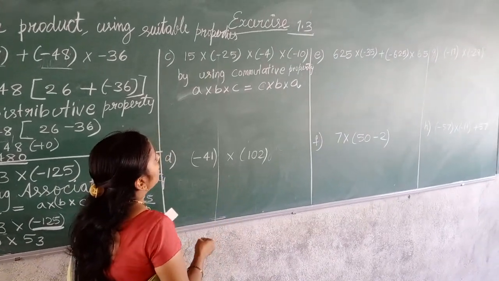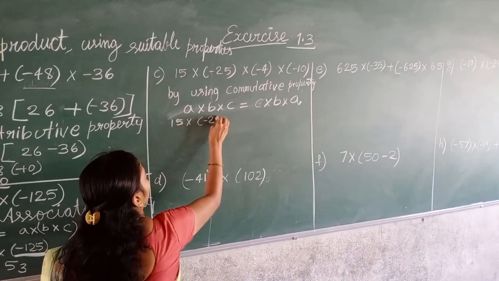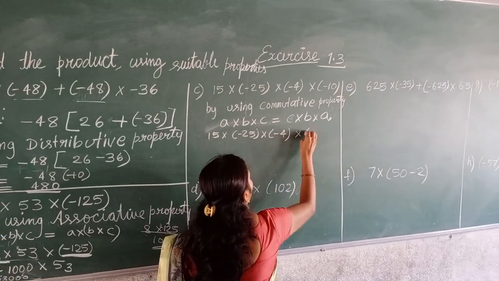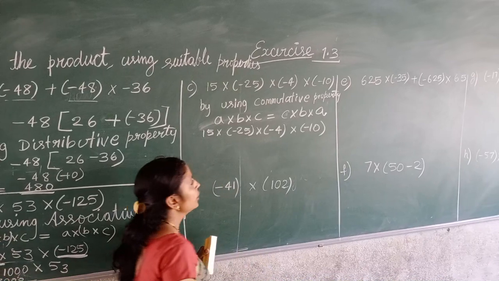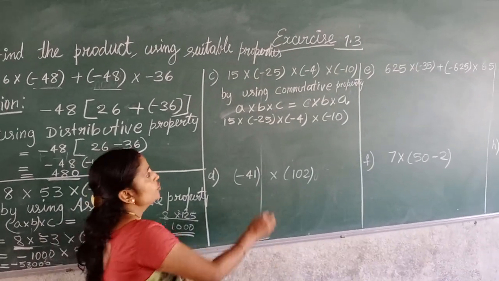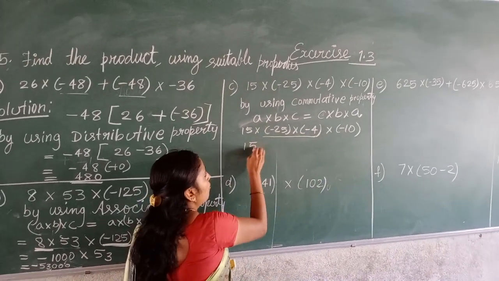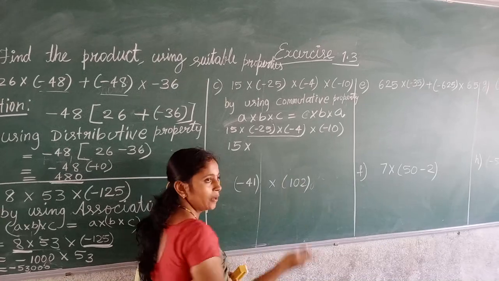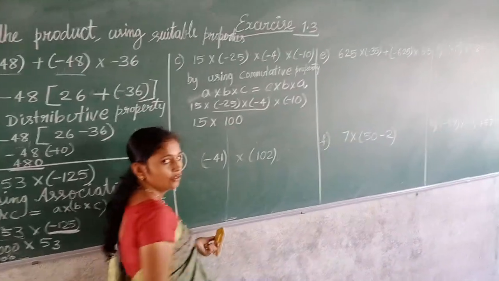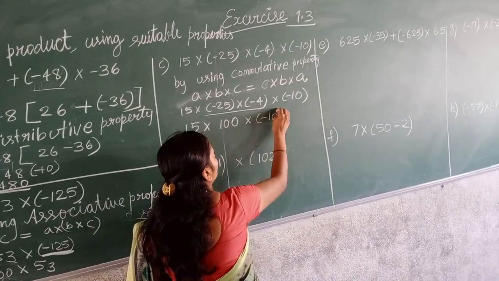So let us start. 15 into minus 25 into minus 4 into minus 10. How will you do it? As I told you, to get zeros it is very easy. So let us take these first, minus and minus become plus. 25 fours are 100, into minus 10.